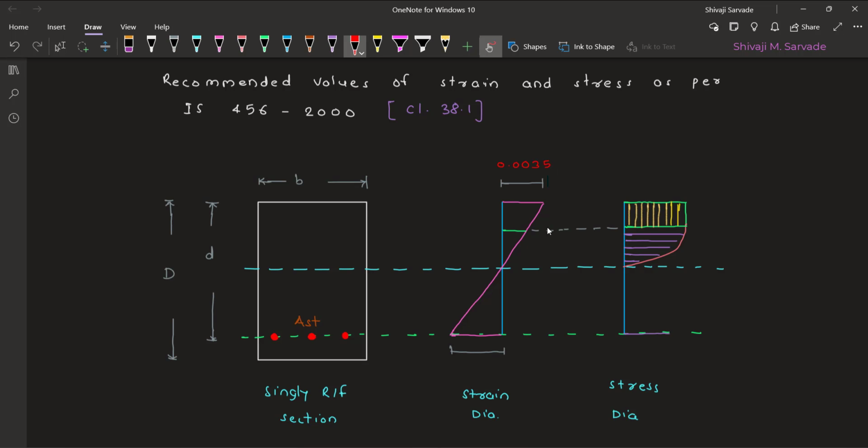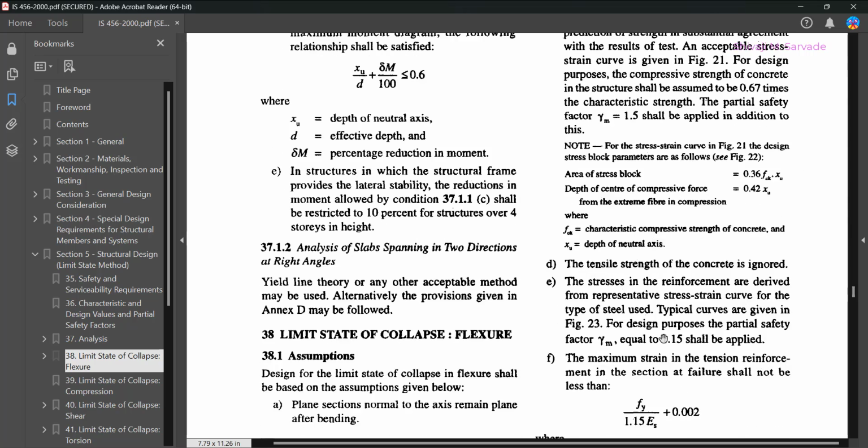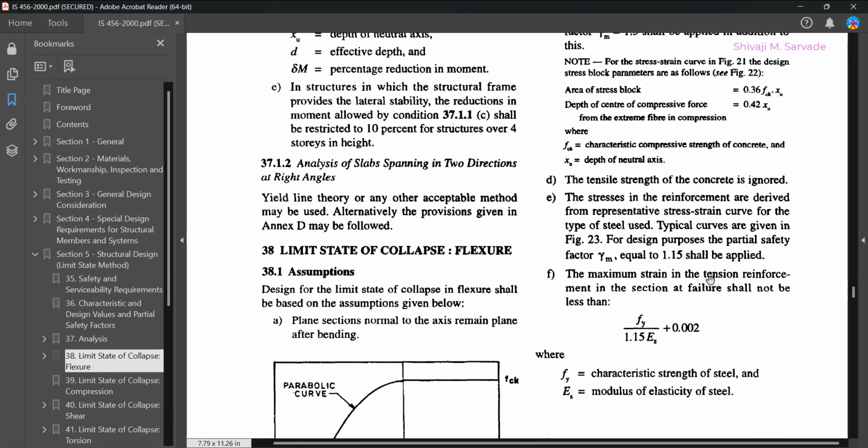Now in addition, they tell us what the strain in steel is also. So if we go down, this tells the maximum strain in tension reinforcement in the section at failure shall not be less than fy by 1.15 times Es plus 0.002.